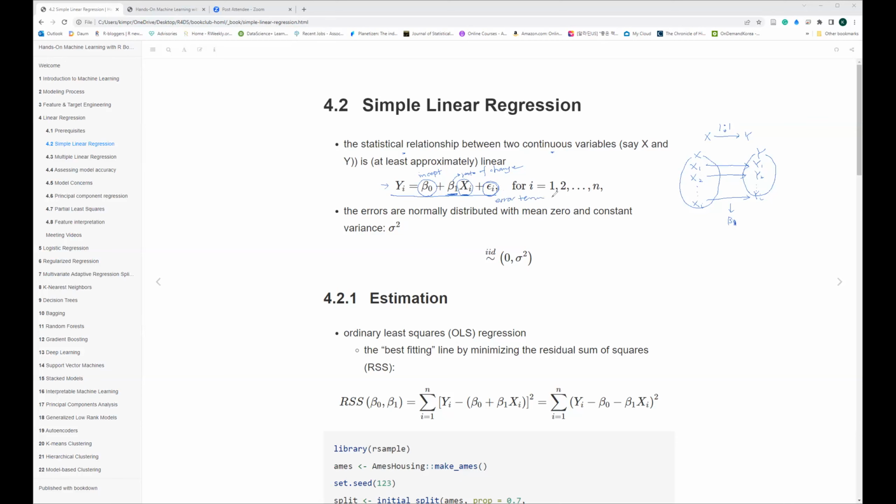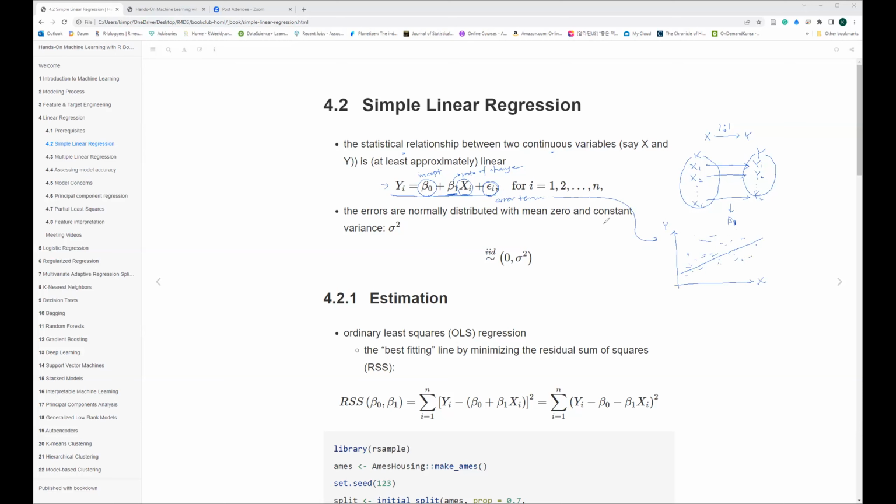The reason why we have this error term is, for example, if we draw a scatter plot with these relationships, we can draw a regression line that minimizes the error term, right?